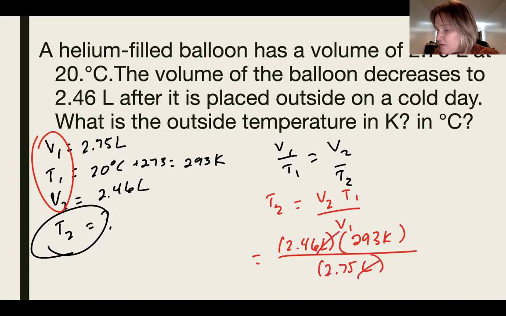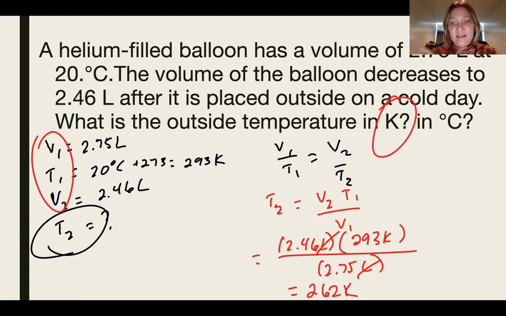I cancel liters. I need to bring my calculator out. So I've got 2.46 times 293 divided by 2.75, and I get 262 K. Now that's K. What is it in C?